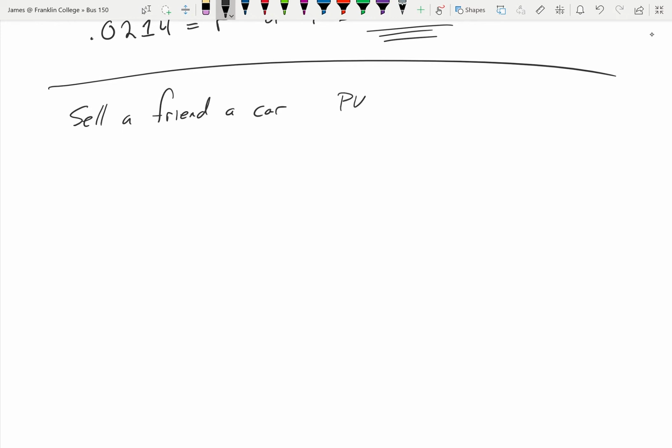The car is worth $3,500. Your friend doesn't have $3,500 to pay you back, but they can pay you back in time. And since you're a nice person, you agree to a 270-day loan at 10%.